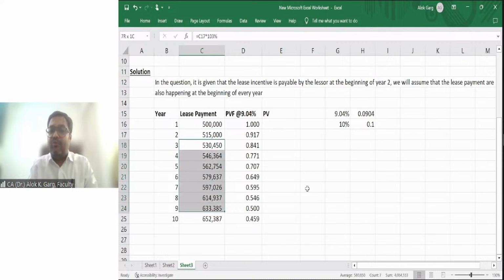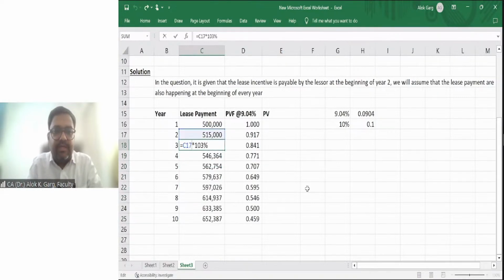But these future lease rentals are always on the basis of this 5 lakh only. This escalation is on the basis of 5 lakh only. So instead of C17, I'll write 5,15,000 here, and here I'll subtract 2 lakh rupees of lease incentive.